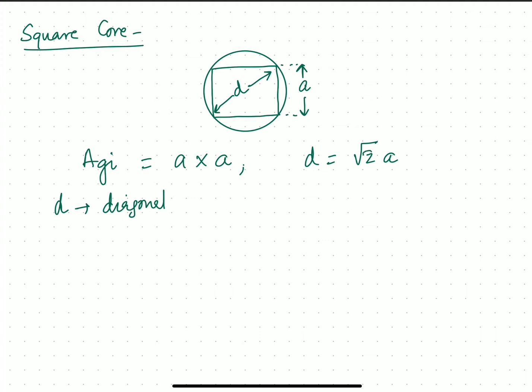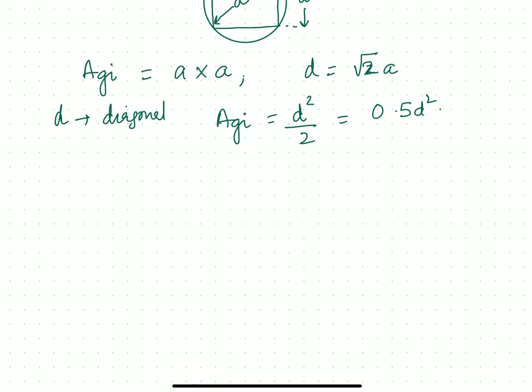So if you have the diagonal given, the gross core area AGI can be written as d square by 2, or 0.5 d square. This is the gross core area AGI.